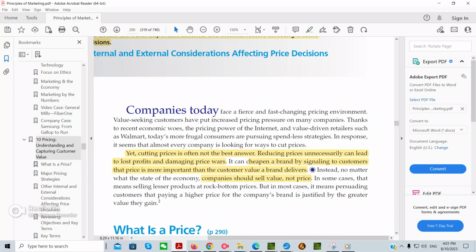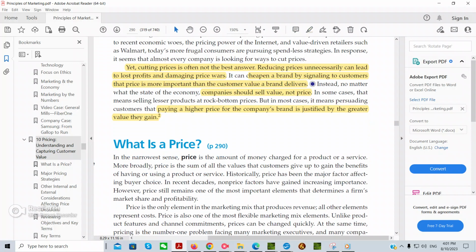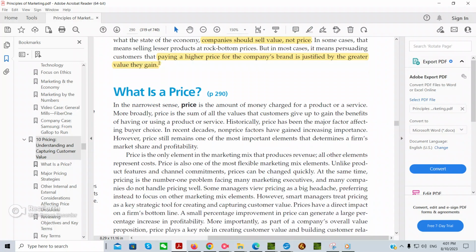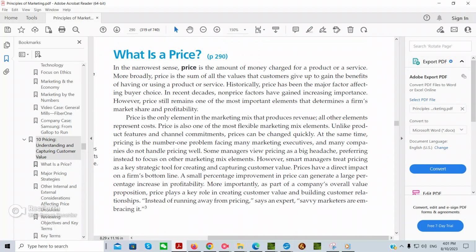In some cases, that means lesser products at rock bottom prices, but in some cases, it means persuading customers that paying a higher price for a company's brand is justified by the greater value they gain. That's basically what can happen. Now, here's the natural question.